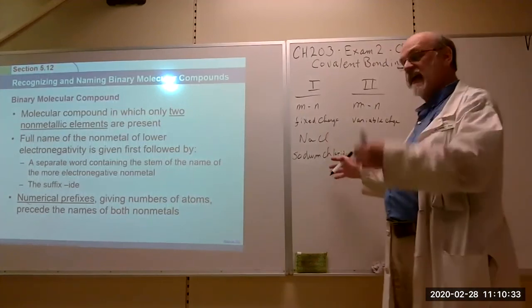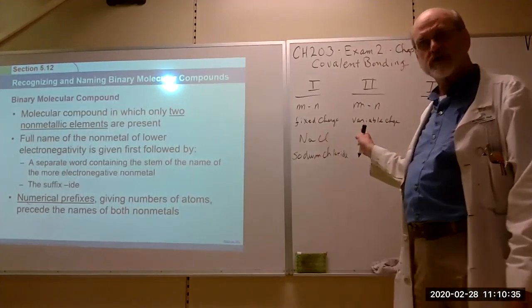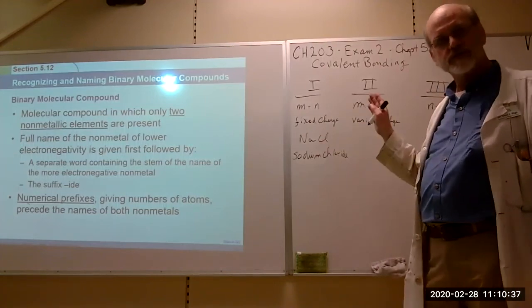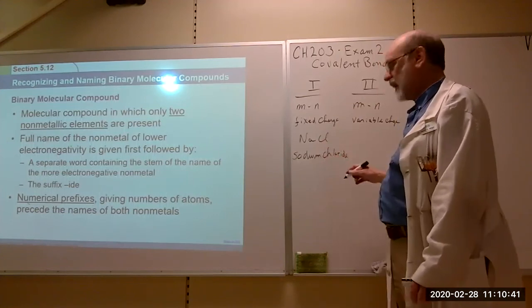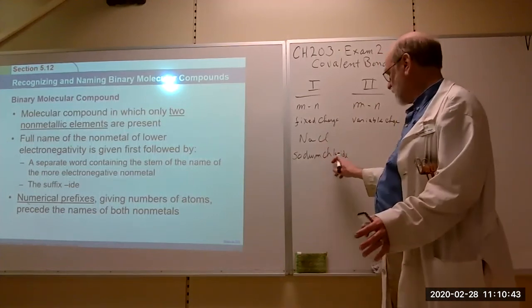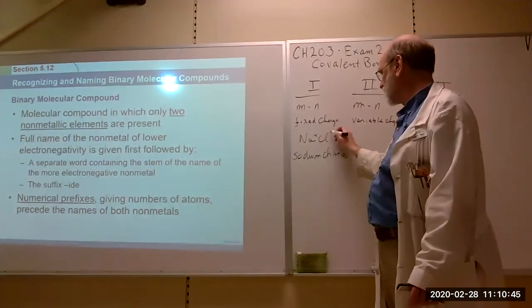You don't have to say how many there are. You don't have to say what the charge is, because the charge is fixed. And the ratio between sodium and chloride will always be the same, 1 to 1, because this is 1, that's 1.